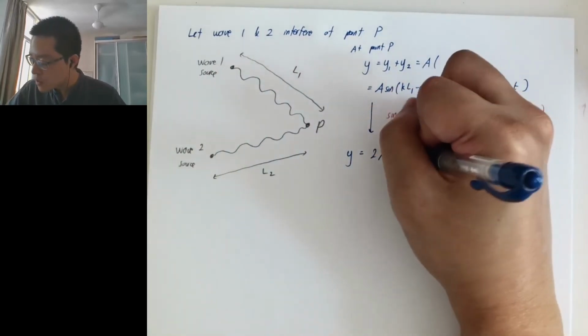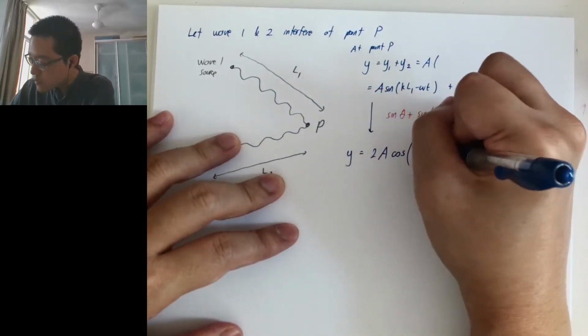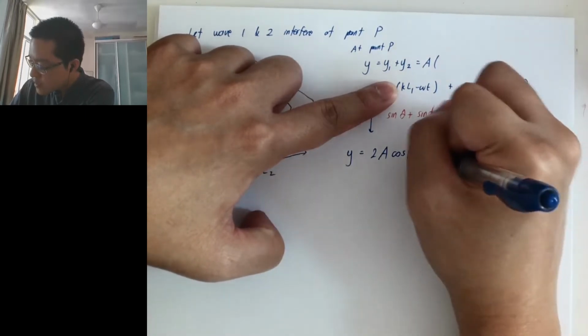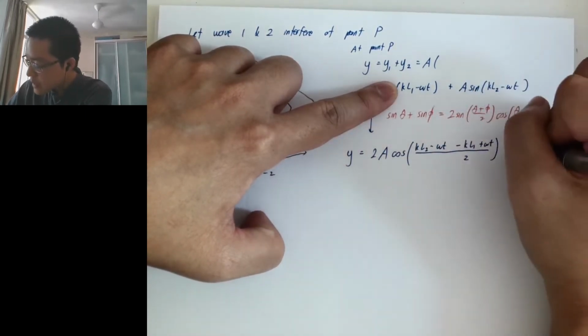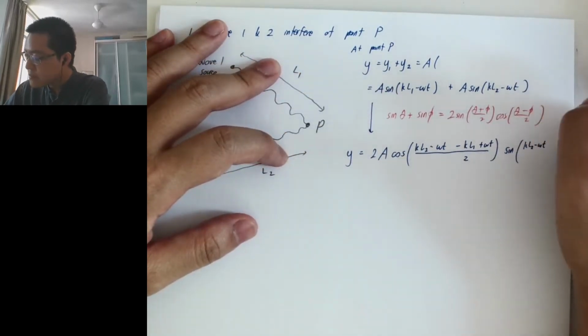So let me take the cos of the difference, this minus this, right? So I got (KL2 minus omega t minus KL1 plus omega t) over 2, and then sine of the sum of these two angles, so (KL2 minus omega t plus KL1 minus omega t) over 2.